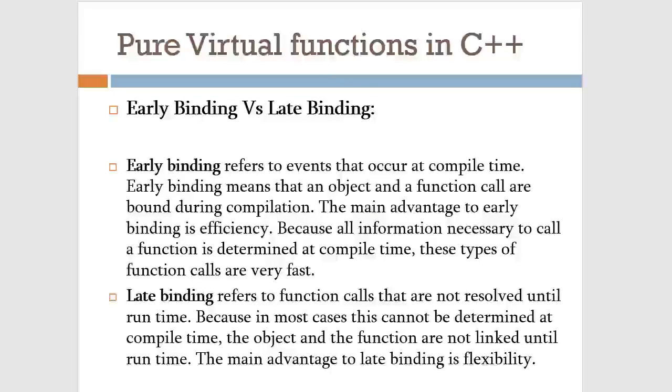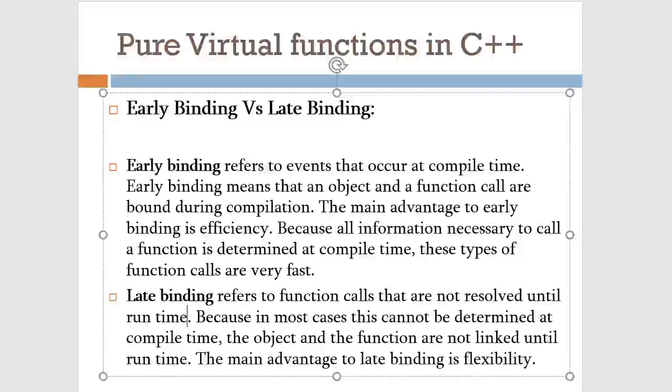However, late binding refers to function calls that are not resolved until the runtime. An example is what we saw with the virtual function, where we are using pointers of a base class, and based on the derived type objects, the virtual function present in that particular derived class will be called.